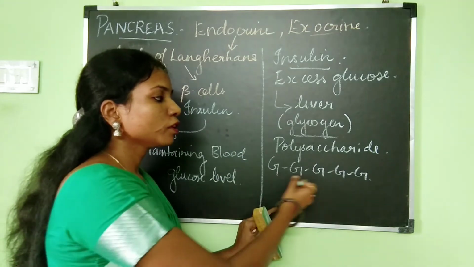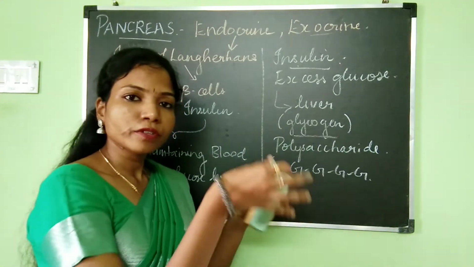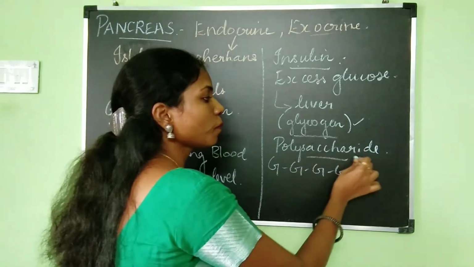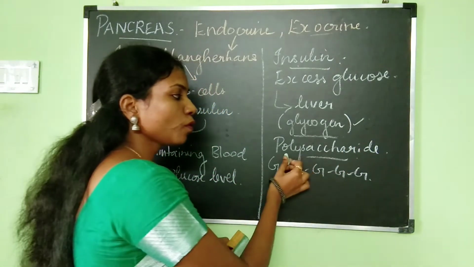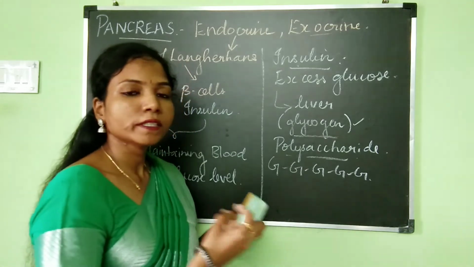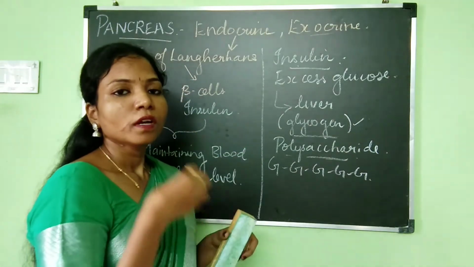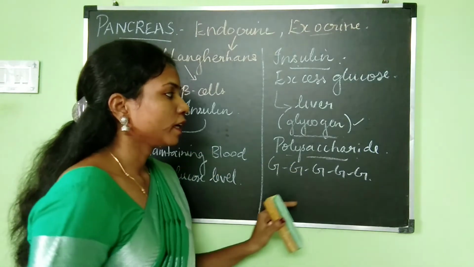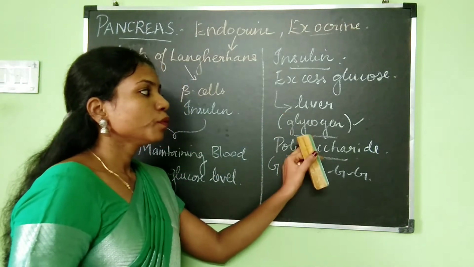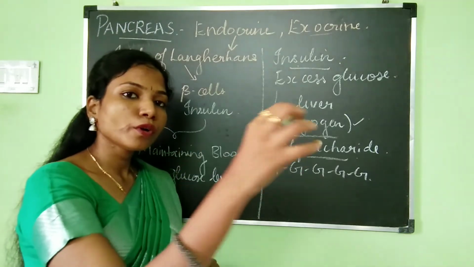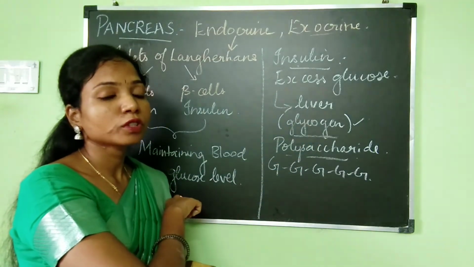These many molecules of glucose will combine together to form glycogen, which is a polysaccharide. I hope you know the meaning of polysaccharide: many molecules of glucose combining to form what is known as a polysaccharide. So the liver will be storing glucose in the form of glycogen, and who brings this excess glucose into the liver?